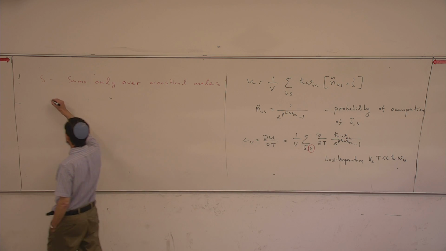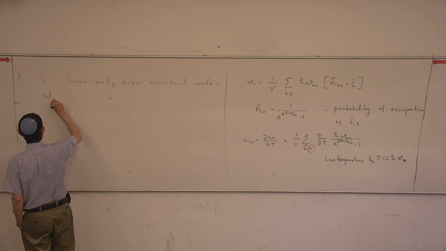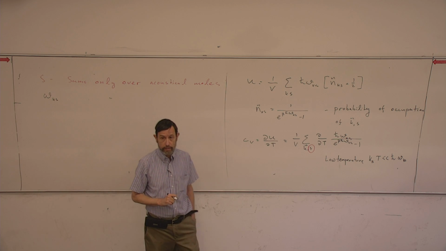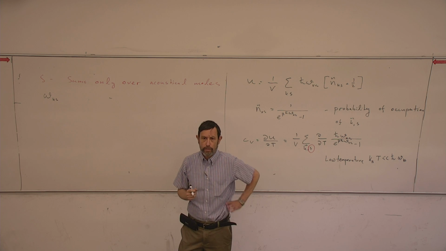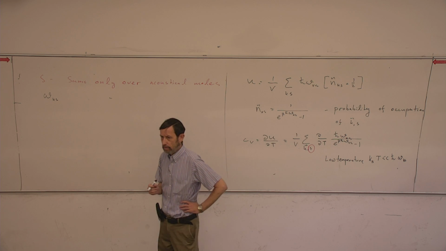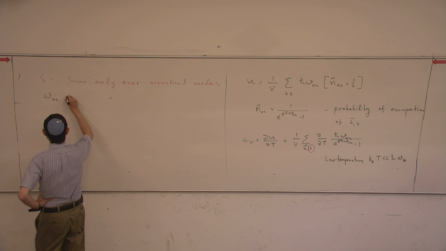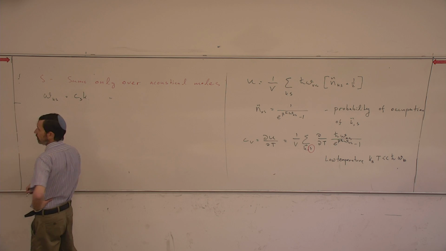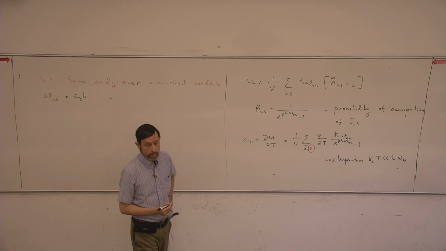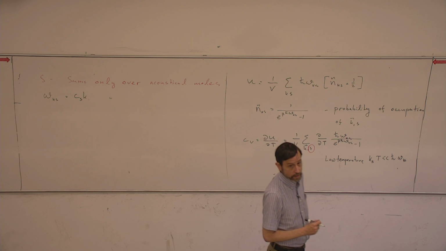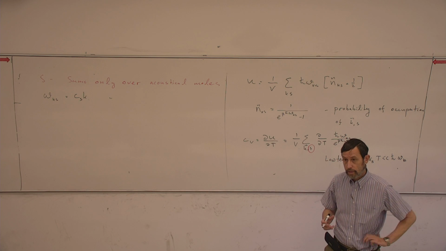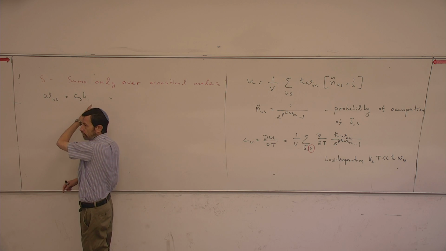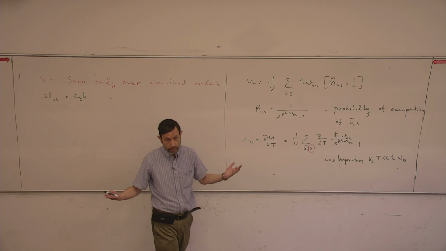and instead of writing omega ks, which we left unspecified, if it's an acoustical wave, just Cs, which is the velocity of this specific mode, times k.